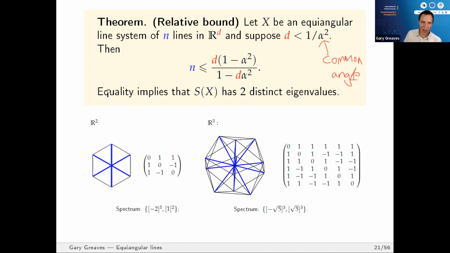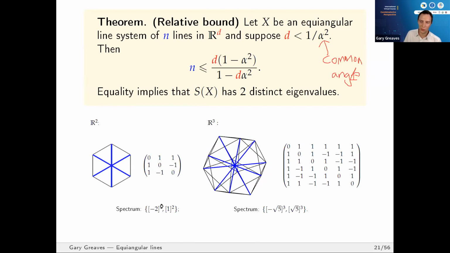And we can see a couple of examples of this going back to our 2-dimensional and 3-dimensional examples. So here we have three equiangular lines in dimension 2. This is the corresponding Seidel matrix. And this configuration corresponds to equality in the relative bound.